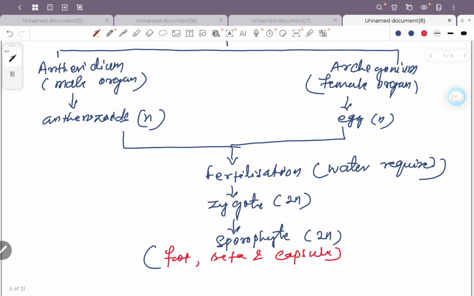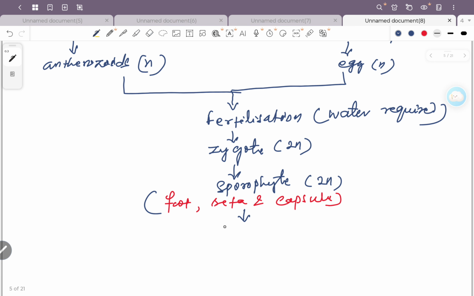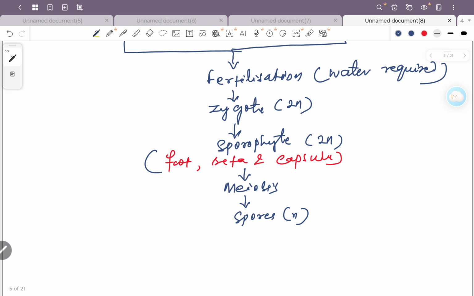And it undergoes meiosis to form the spores. The spores are N or haploid, and they give rise to a new gametophyte. I think the life cycle is very much clear to you.